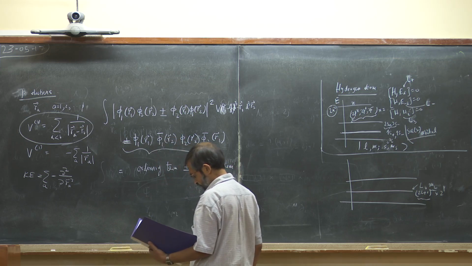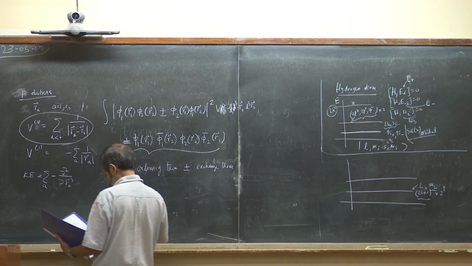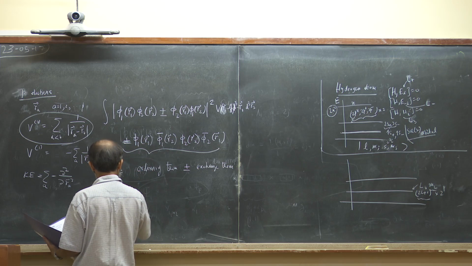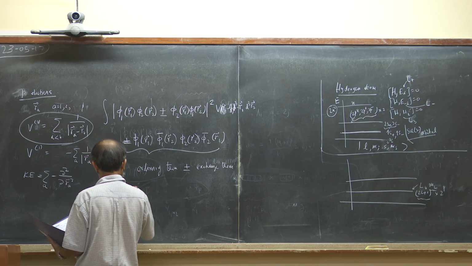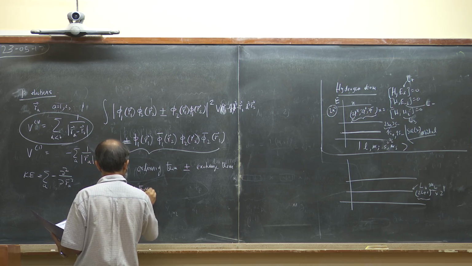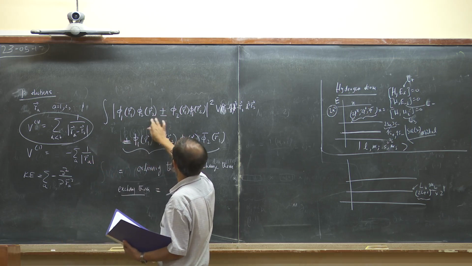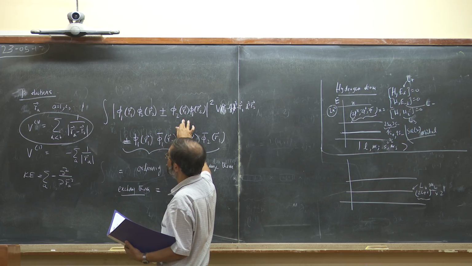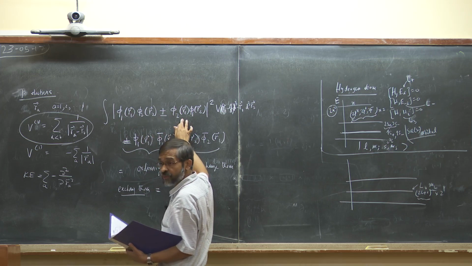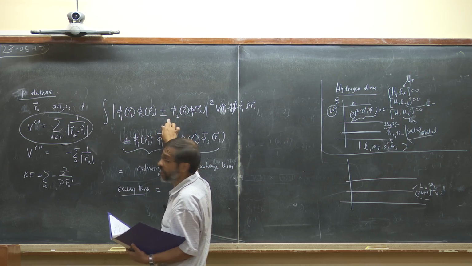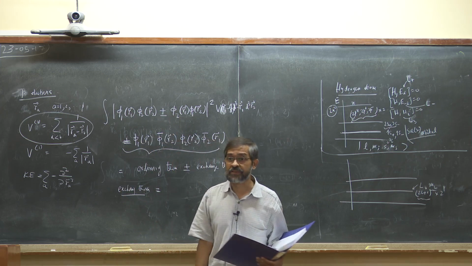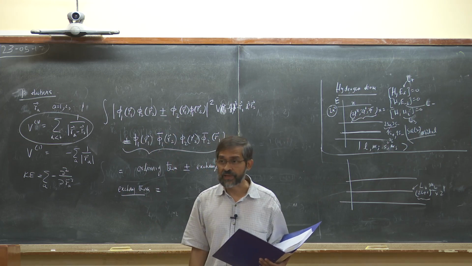Okay. And this exchange term essentially, so this is something that you would use for, let's say, spin 0 particles, and the minus sign is something that you would use for spin 1 particles.